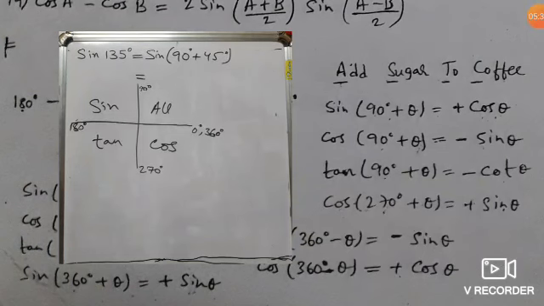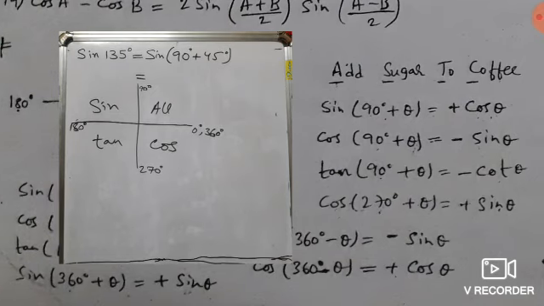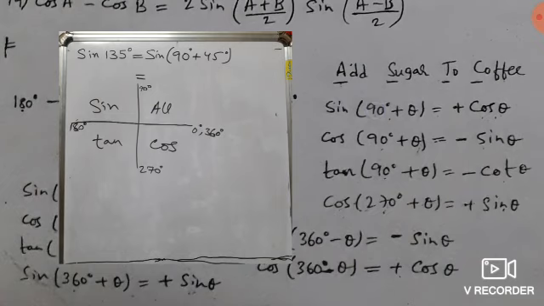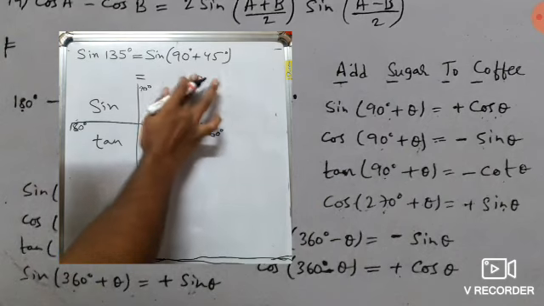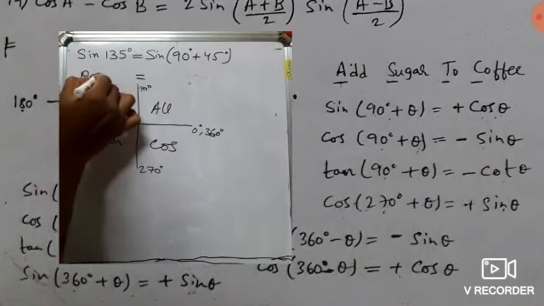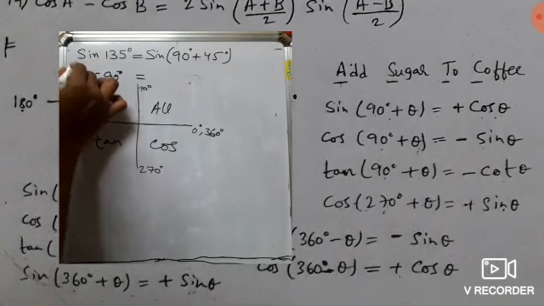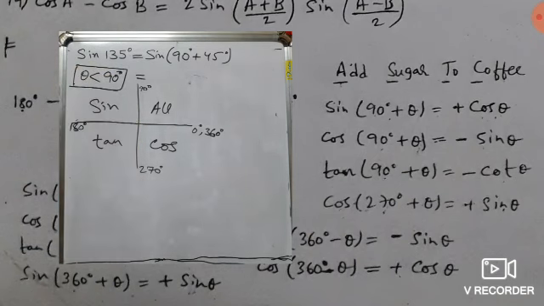You can see in the picture sine of 90 degree plus 45 degree. Here on this screen you can see sine of 90 degree plus theta, and this value of theta should always be less than 90 degree in all the cases.